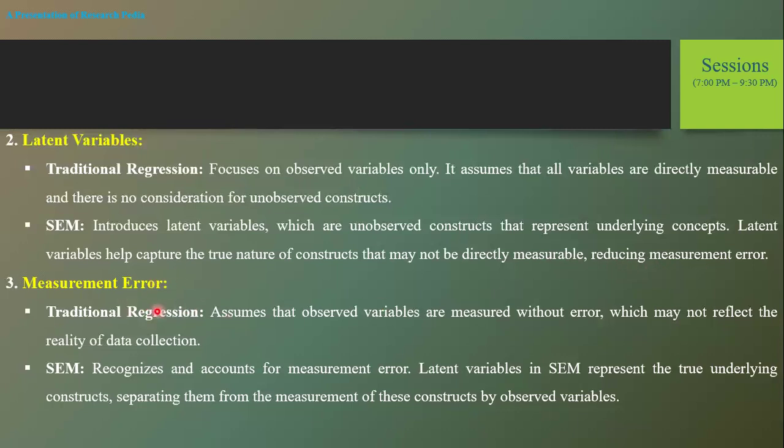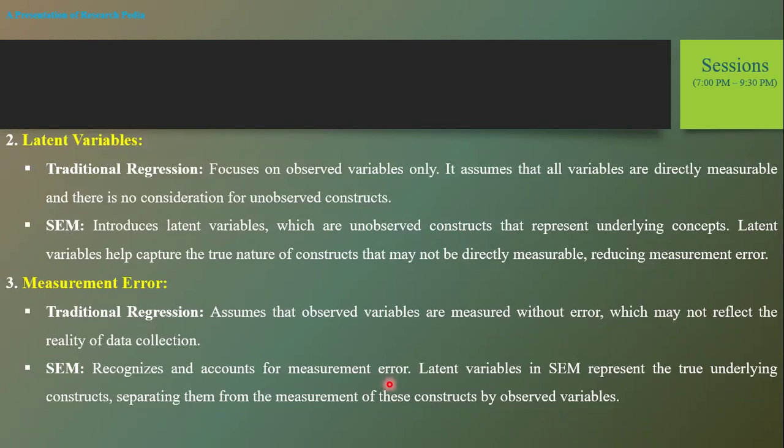So the third consideration is measurement error. In case of traditional regression, it assumes that observed variables are measured without error. So whenever we have a dependent variable, we may have an independent variable which is already measured. So it is assumed that they are measured without error, which may not reflect the reality of data collection. In case of SEM, it recognizes and accounts for measurement error.